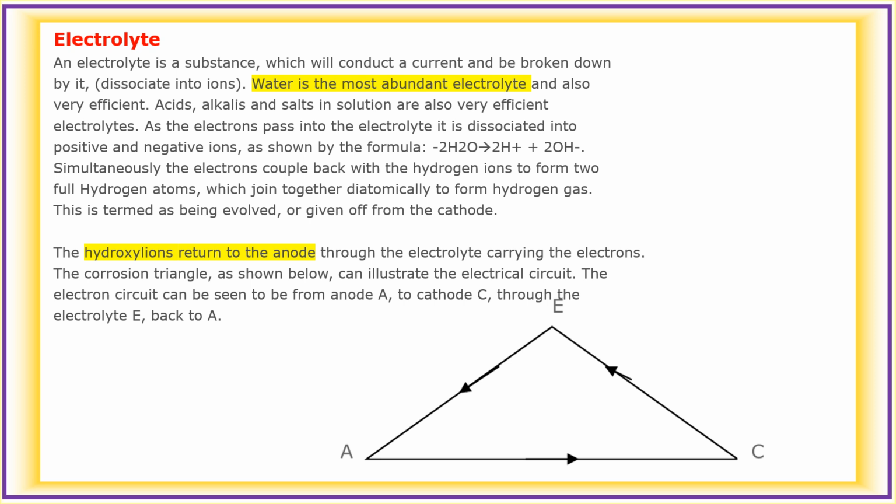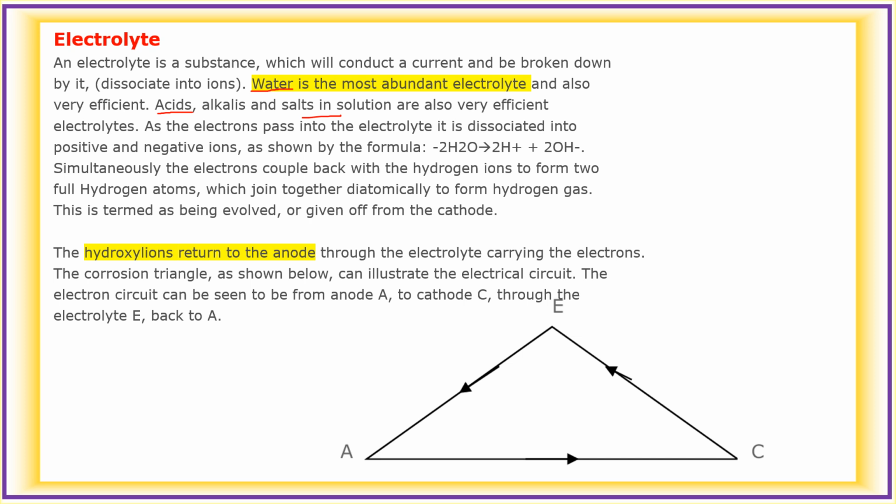An electrolyte is a substance which will conduct a current and be broken down by it. A good example of an electrolyte is water, which is vastly available and very effective. Other electrolytes can be an acid, alkali or salts. The hydroxyl is returned to the anode through the electrode carrying the electrons.